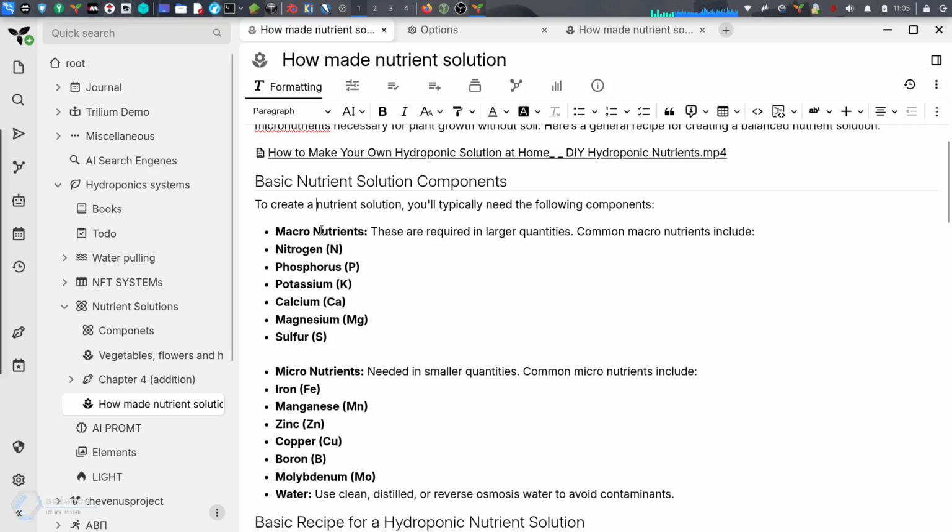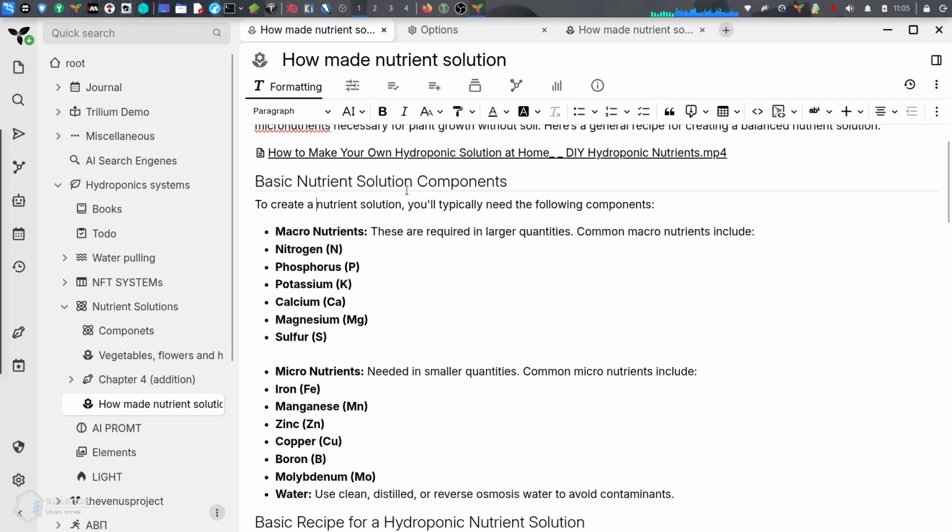Macronutrients, how I understand, can be used by plants. This is needed to convert it to micronutrients or not, I don't know. We'll learn this later. Just let's read.